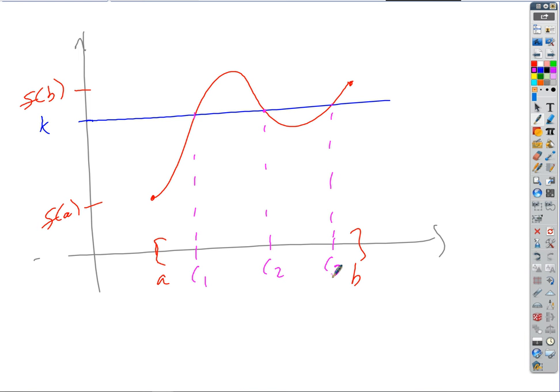Will they always be odd? No, because what if it hits right on, what if it hits as a tangent, right? If I drew it right here, call that k2, then I'd only have one value of c for that one, right? But you can never have zero.